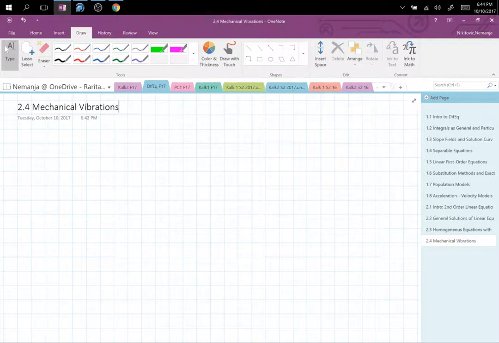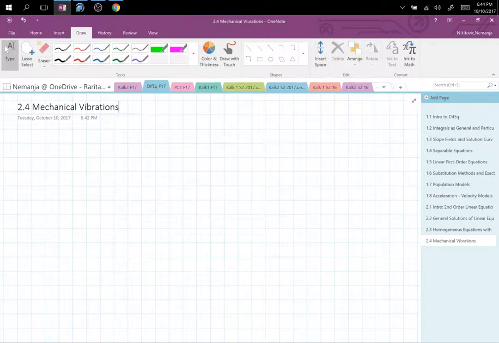It's going to be an equation that explains a spring that is attached to some kind of massive object and the way that system would behave once it is disturbed, so it's not in equilibrium position.